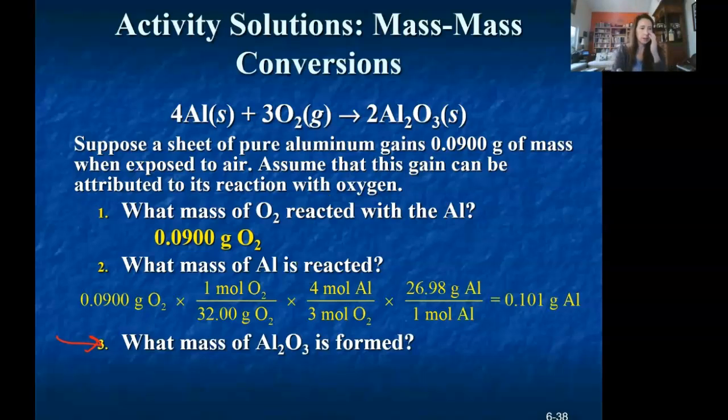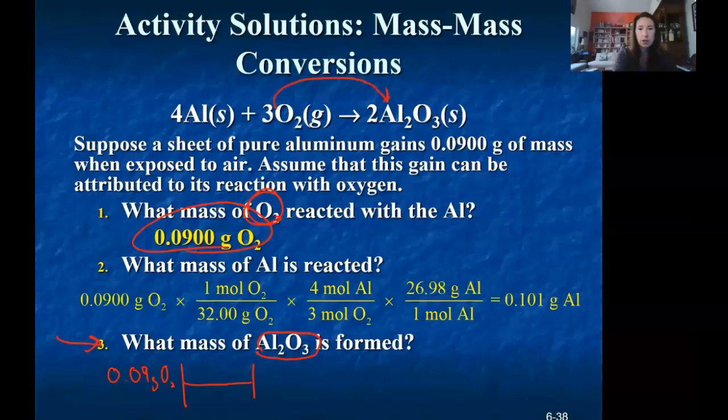So when we start with this, I'm just going to start with our oxygen. So 0.09 grams of oxygen. And again, we need to get to moles because we want Al2O3, but all we have is oxygen. So if we want to convert from one to the other, we have to use a mole-mole ratio using these coefficients. So we have to get to moles.